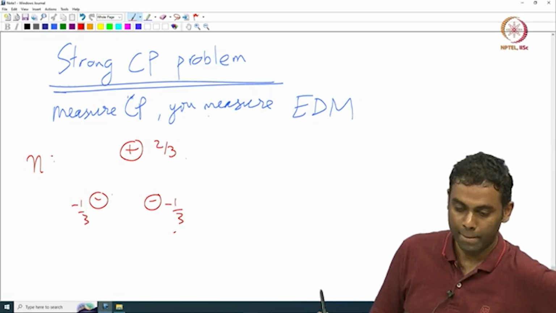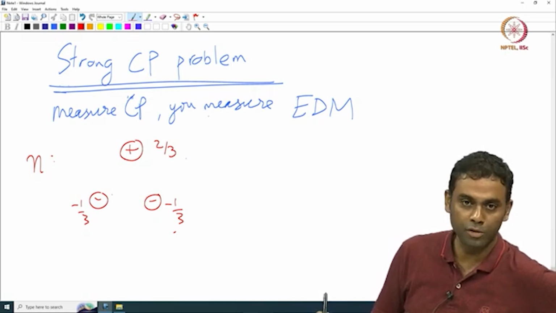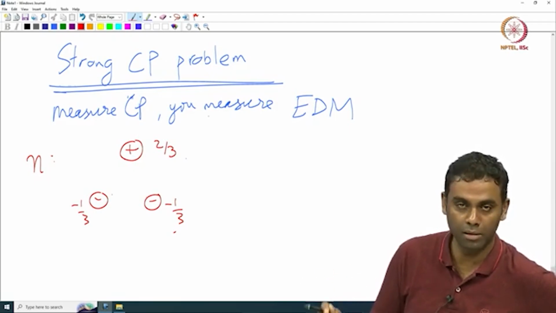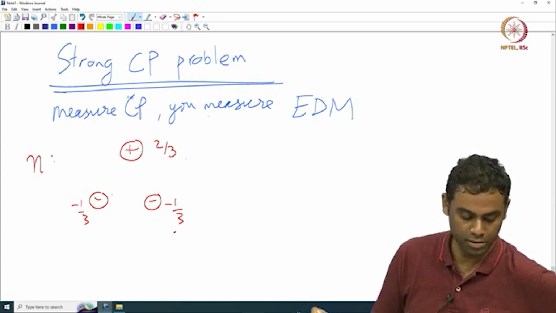So what is the electric dipole moment of this configuration? You have to take the net distance vector among these and multiply the charge and then add them up.